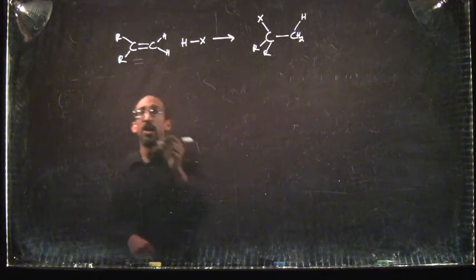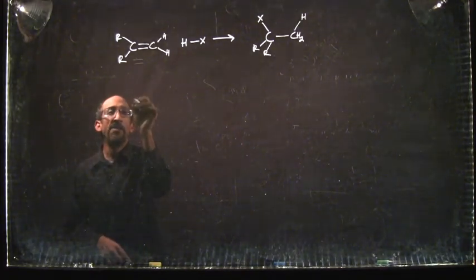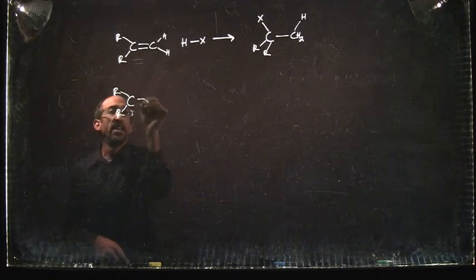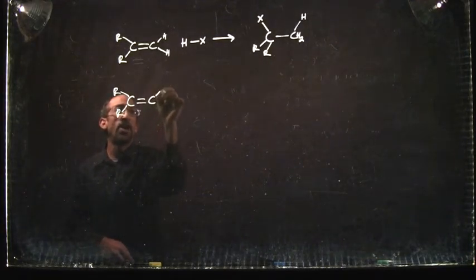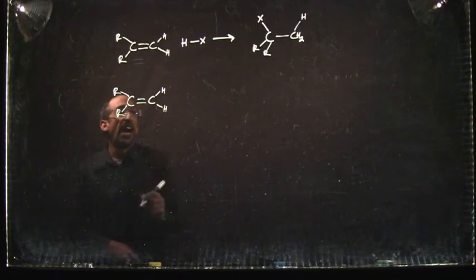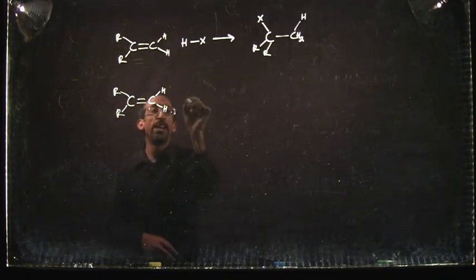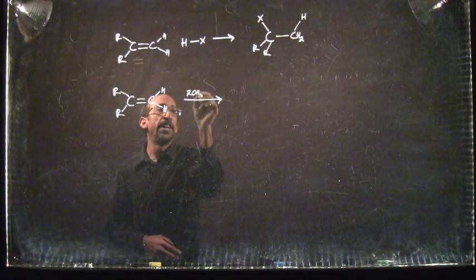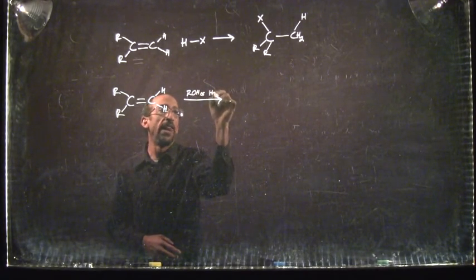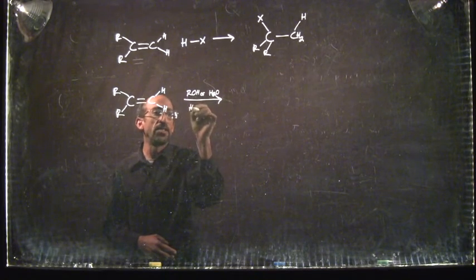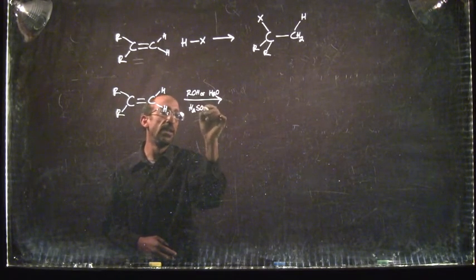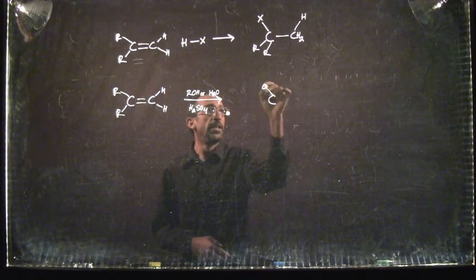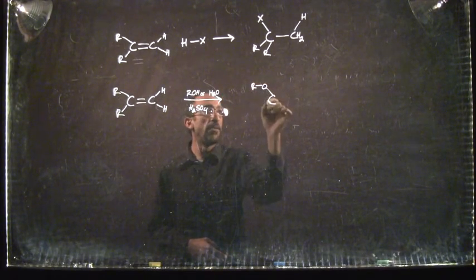The next reaction we saw was adding H2O, and I'm going to add in one little extra piece of information here, in that I don't have to use water for this reaction. I can add either water or an alcohol. So I'm going to put here ROH or H2O in the presence of sulfuric acid. And what that gives me, if I use ROH, that'll make an ether.